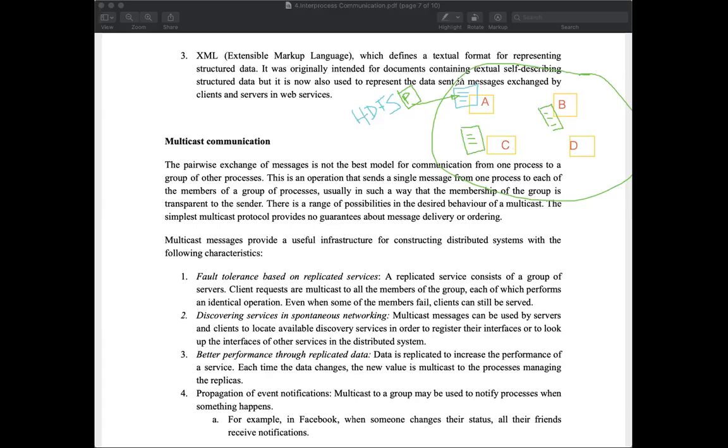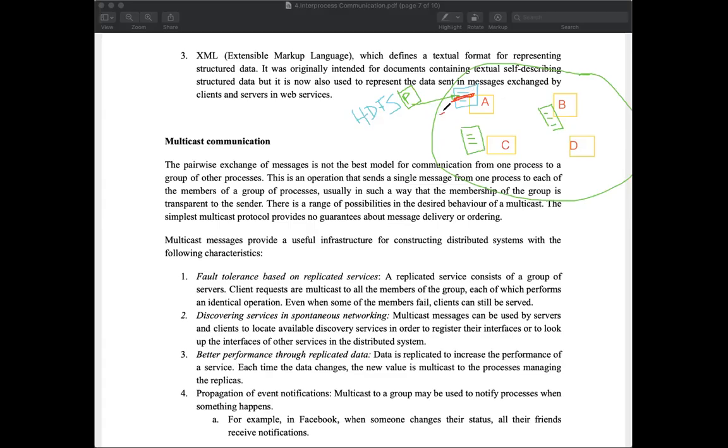So let's assume that that process is updating the document. That process is doing the update on this file.